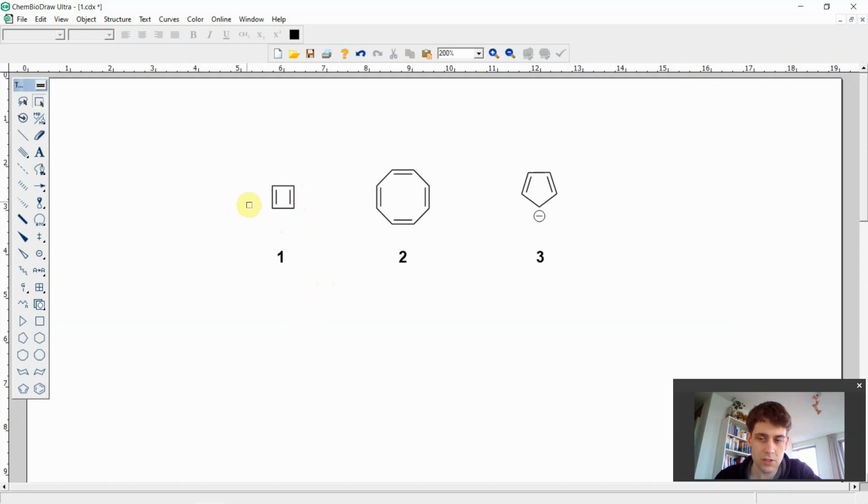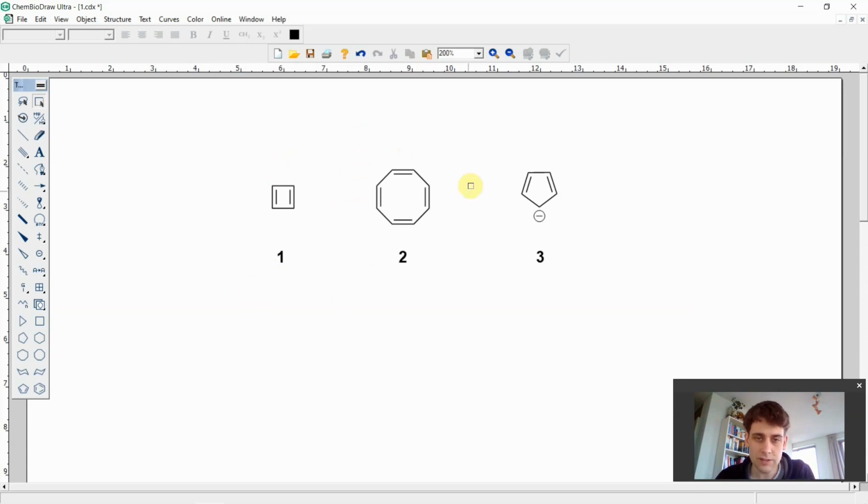This corresponds to 4 pi electrons, and this doesn't satisfy Huckel's rule because for Huckel we need either 6 or 2 pi electrons. In this case we have 4 pi electrons, so this component is not aromatic, but instead it's anti-aromatic. Anti-aromats have 4n pi electrons, and this is exactly the case for this cyclobutadiene.